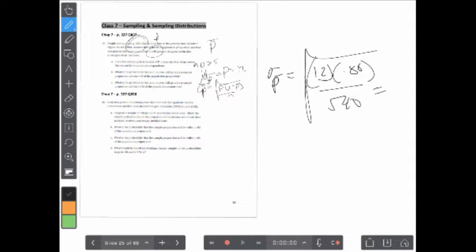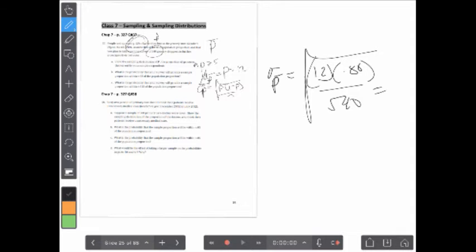The second part of the question asks: what is the probability that your survey will provide a sample proportion within 3 percentage points of the population proportion? The population proportion is 12%. To be within 3 percentage points, 0.03, we want to be between 12 minus 3, which is 9, and 12 plus 3, which is 15, so between 9 and 15%.